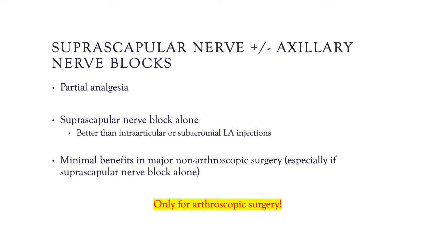Although it has been shown to be better than intraarticular or subacromial local anesthetic injections, in fact, it is absolutely inadequate for major non-arthroscopic surgery, especially if you just inject the suprascapular nerve. So the conclusion, according to evidence, is that it is only adequate for arthroscopic surgery.